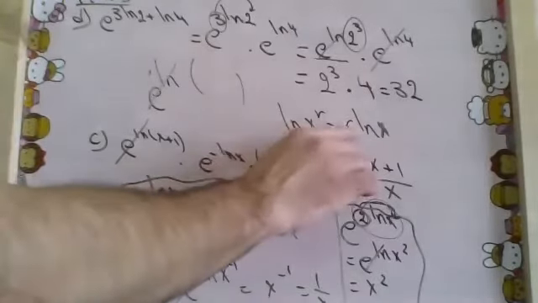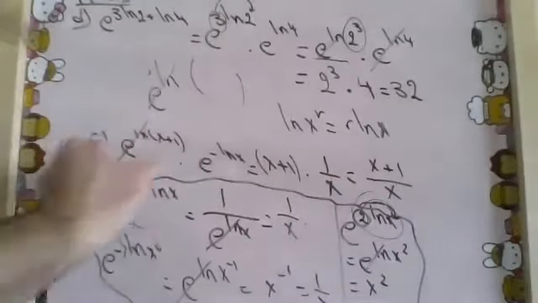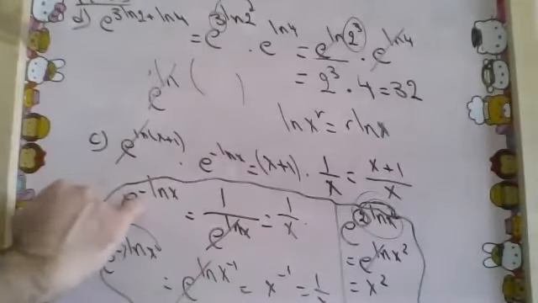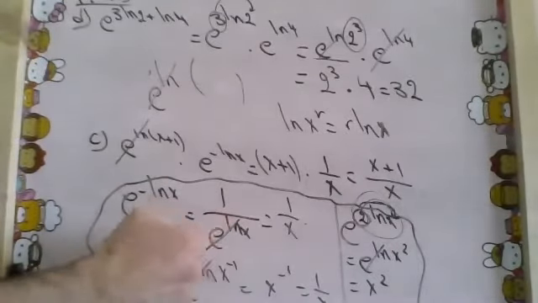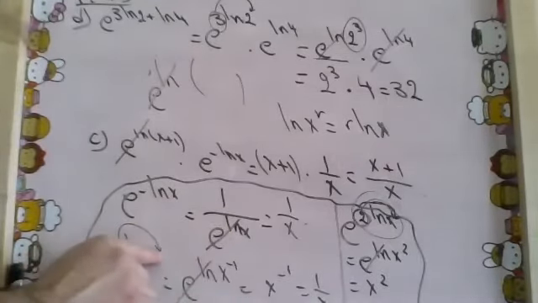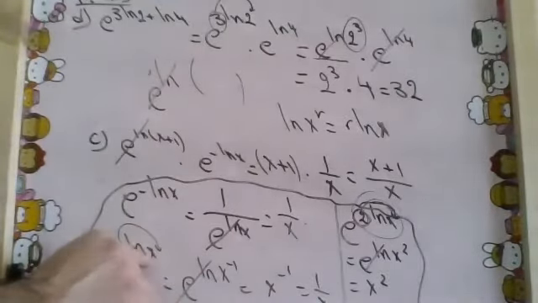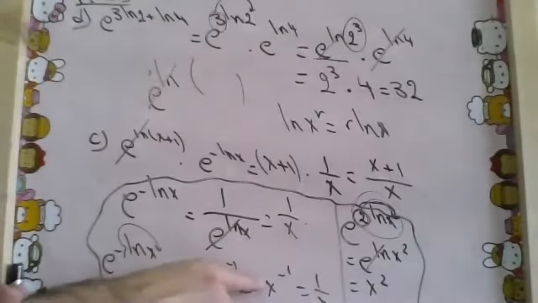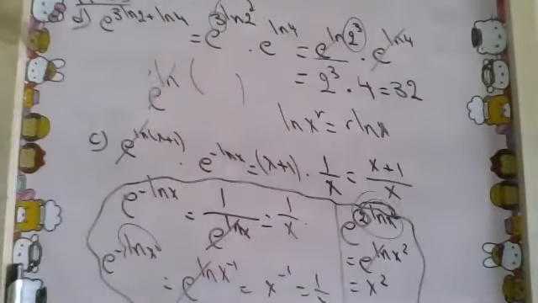Right? So this power becomes a coefficient. If this is negative, I want to get rid of it. We can do that in two ways. Either you have the negative from the start, so 1 over ln x, e to the power ln x. Now you can simplify, so it is 1 over x, or this negative will be a coefficient exponent, so it becomes x to the power negative 1. Now you can simplify, so it is x to the power negative 1, which is 1 over x. I put 1 over x in its place.